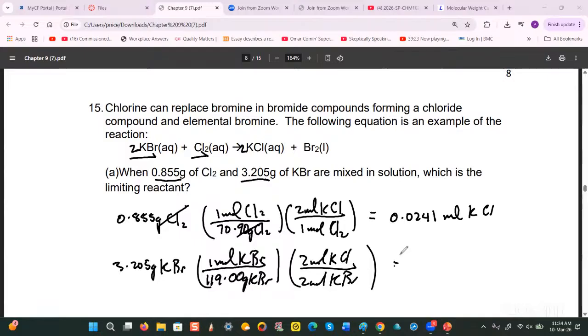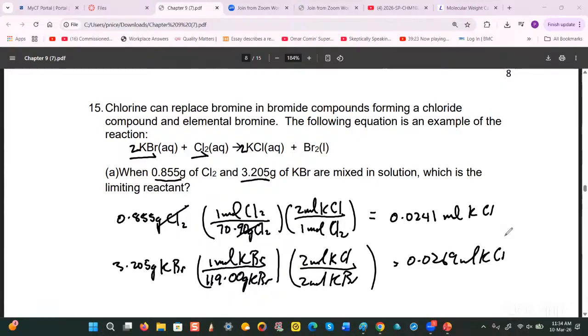And then I would work this out: 3.205 divided by 119 times 1. So that will be equal to, according to my calculation, 0.0269 mole of KCl.